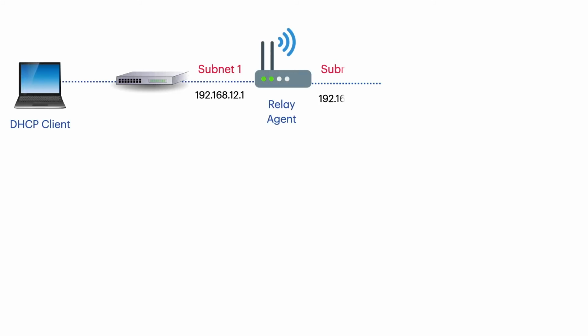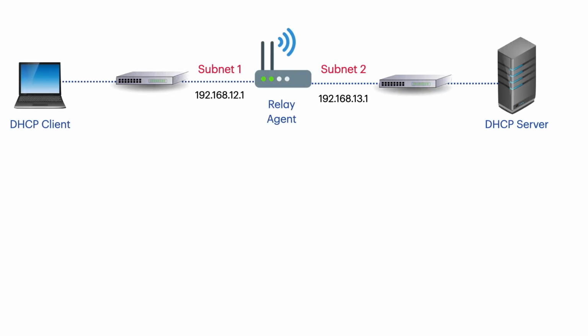Now moving to the second case, that is, the DHCP server is present in some other subnet. In such a case, the relay agent acts as a middleman between the DHCP client and the DHCP server. The discover message from the client is received by the relay agent.